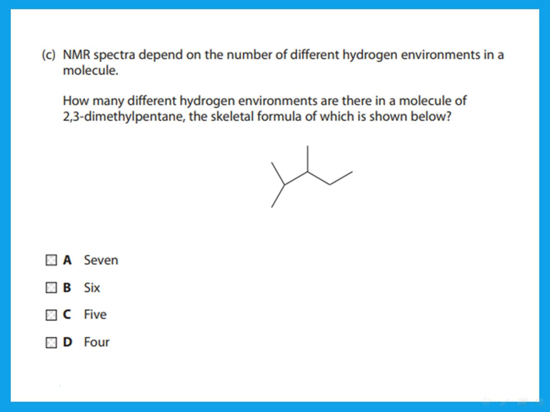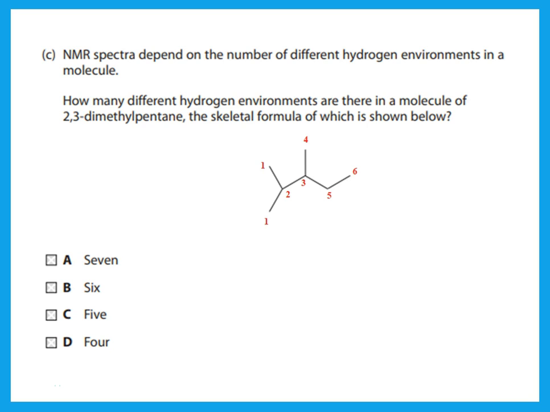Now, this question says NMR spectra depend on the number of different hydrogen environments. How many different hydrogen environments are there in this molecule, 2,3-dimethylpentane? Well, let us take a look. You have 2 methyl groups that are equivalent, so both of them will give 1 peak.